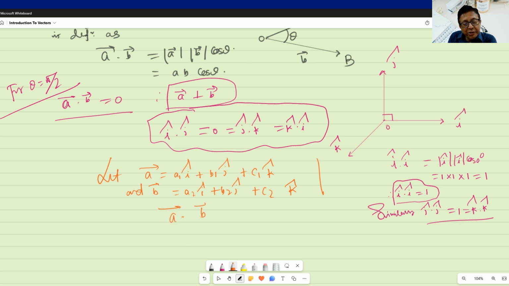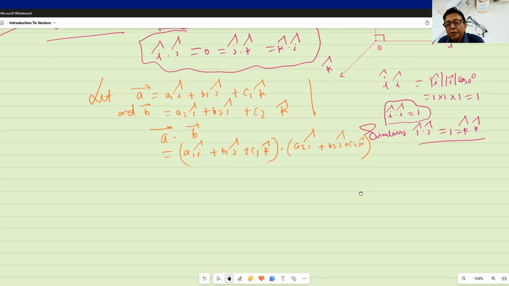Then A dot B is going to be what? A1I plus B1J plus C1K dot A2I plus B2J plus C2K.